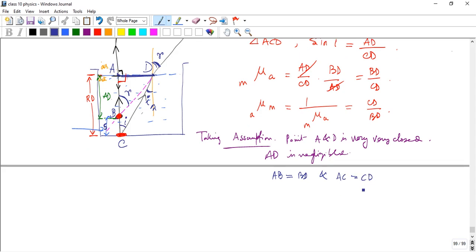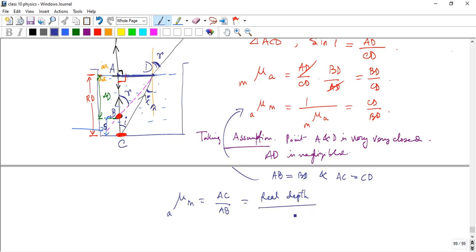Now put these two from here, we get mu A to M. That is CD means AC and BD means AB. So what is AC? AC means the real depth.